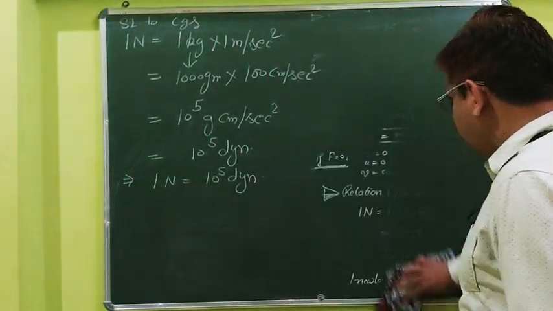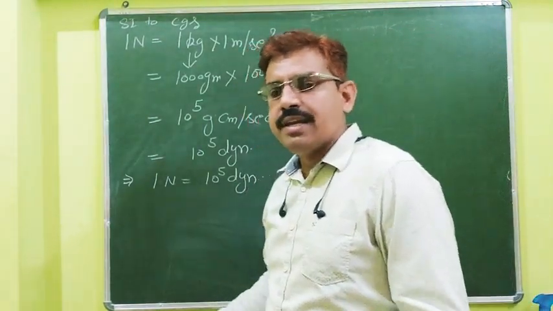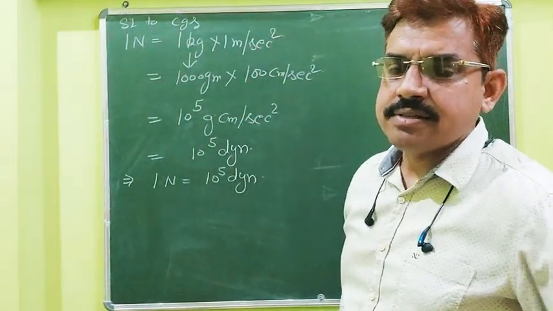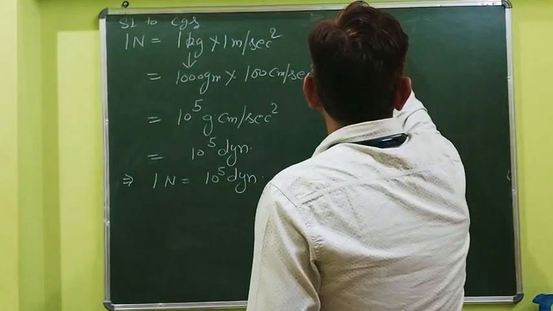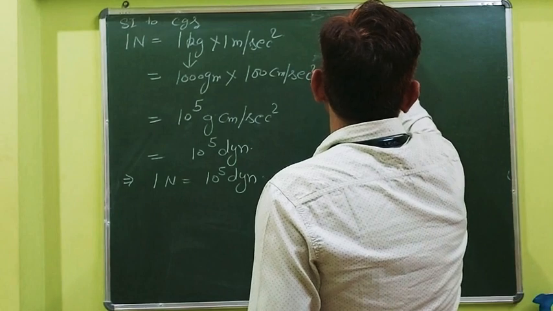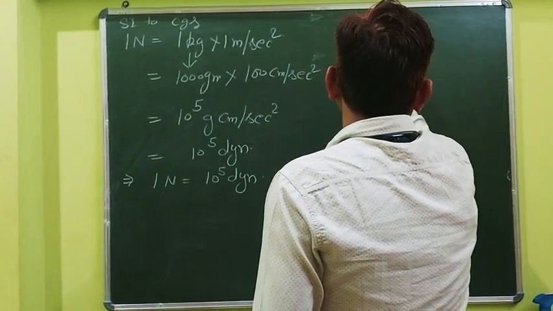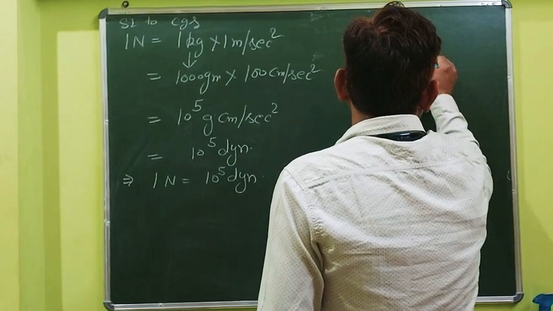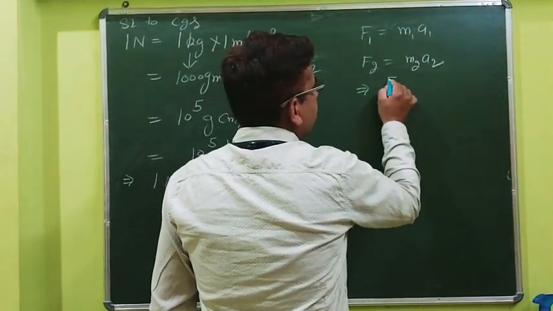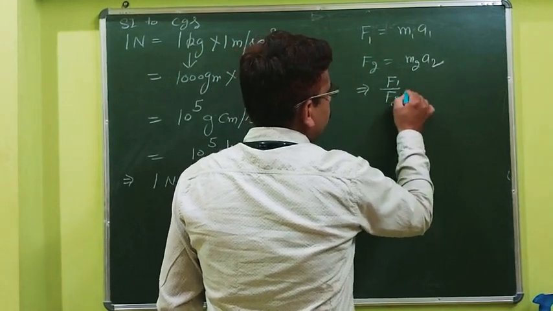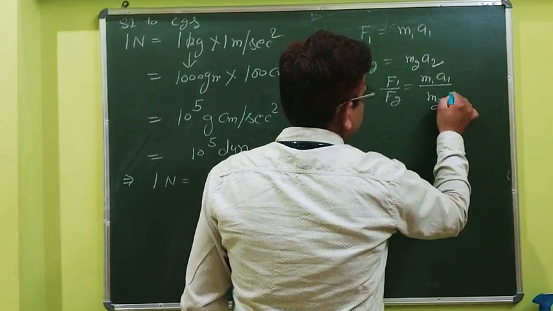Next, as we discussed the momentum for two bodies, let us discuss also the force for two bodies. So for two bodies, F1 is equal to M1A1 and F2 is equal to M2A2. So this implies F1 over F2 is equal to M1A1 over M2A2.